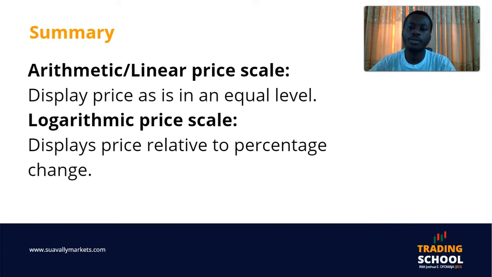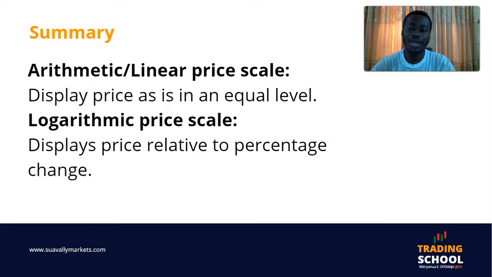So, summary: what is arithmetic or linear price scale? Basically a price scale that displays equal levels from step to step. Maybe it's adding 5 pips or whatever. In the case of Bitcoin, it was adding 5,000 per 5,000.